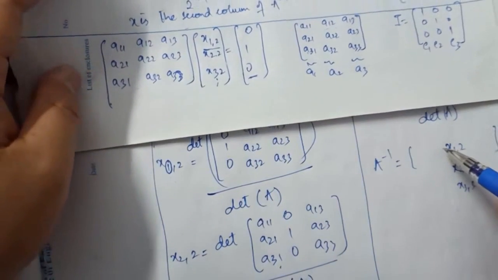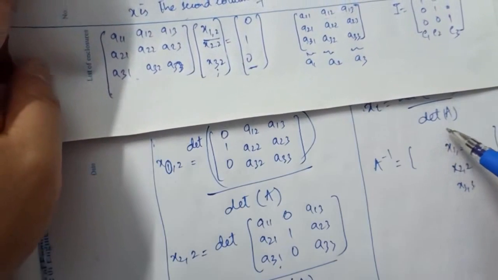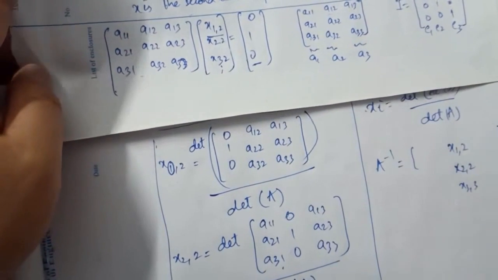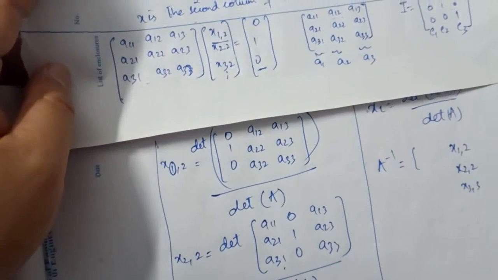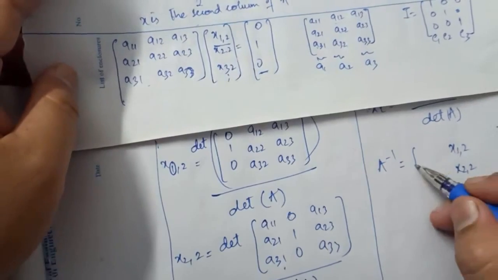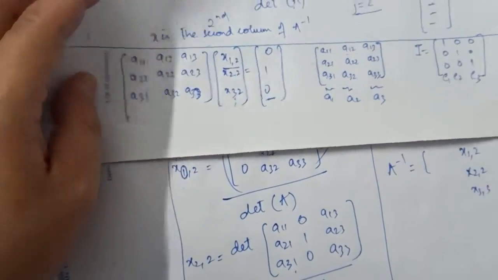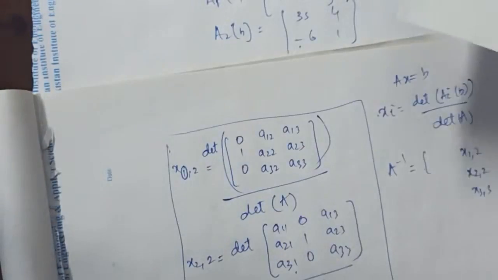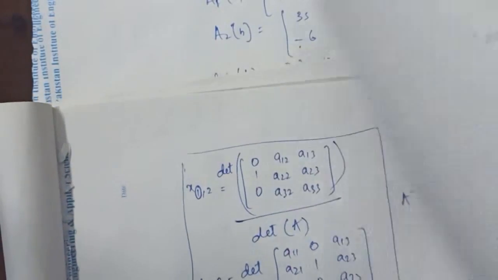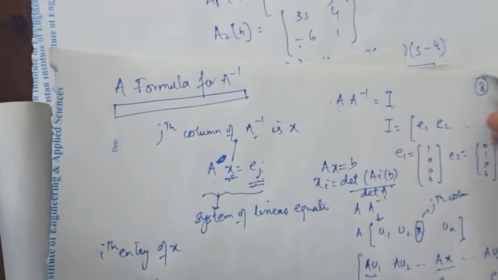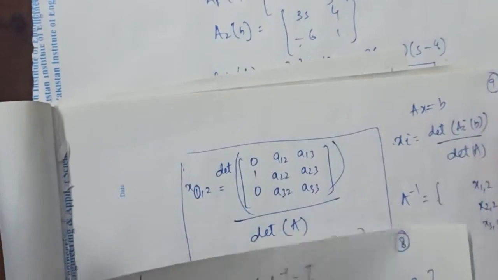You start with j equals 1, j equals 2, j equals 3, so it means you can find all the values of A inverse. Okay, now I hope that you have understood all these calculations by now, right?